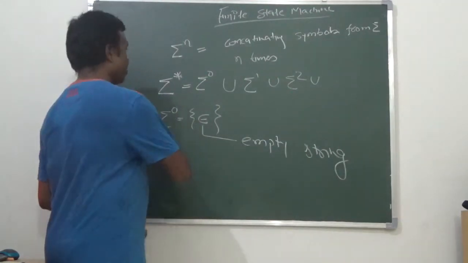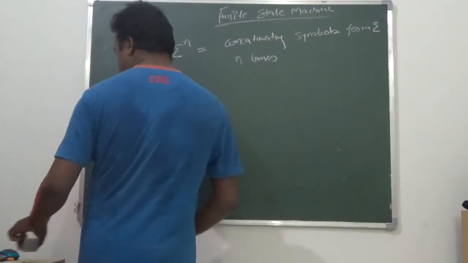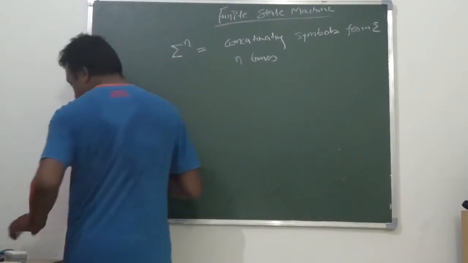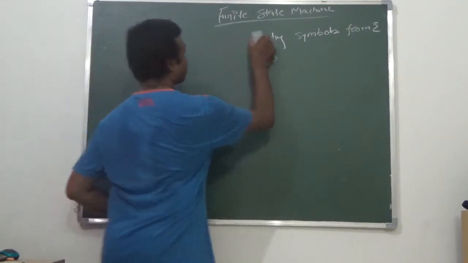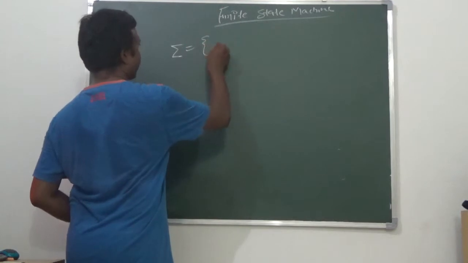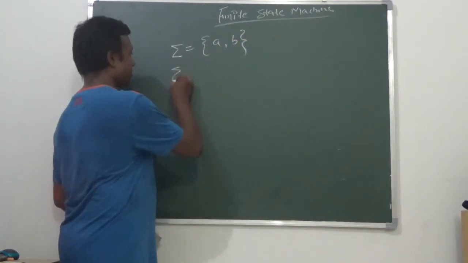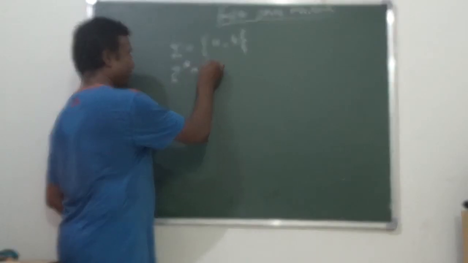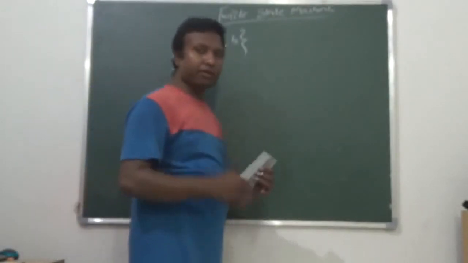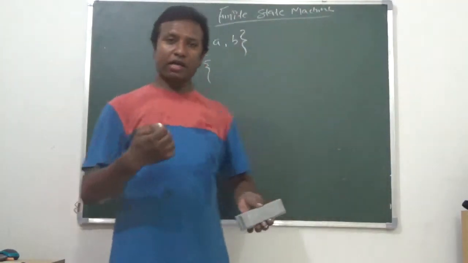So let's discuss what we will get if our sigma is this one. If sigma is equal to {A, B}, then sigma star is equal to, first we need to think about the 0 combination, and 0 combination is nothing but epsilon.